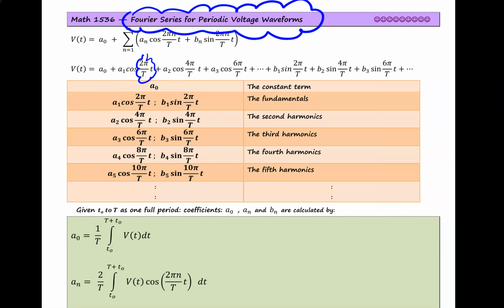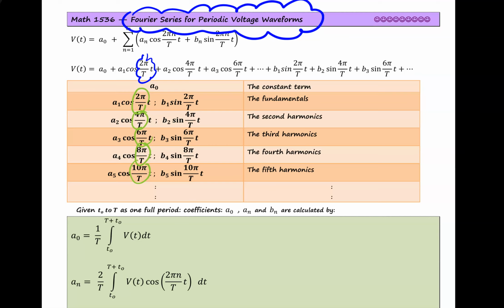But in the case of x, we have the function cosine in terms of t, and in front of that t we have 2 pi over T, 4 pi over T, 6 pi over T, 8 pi over T, 10 pi over the period, instead of just having, say, 6x or 3x.